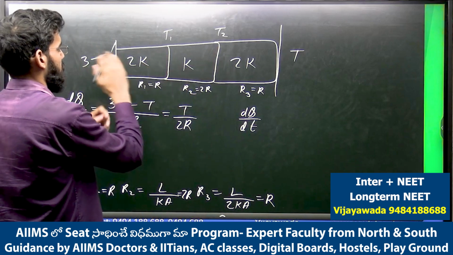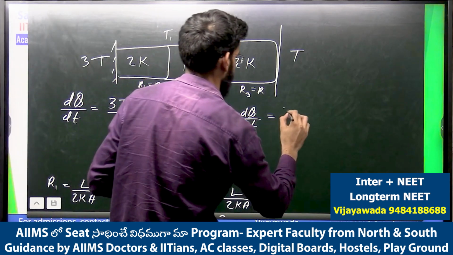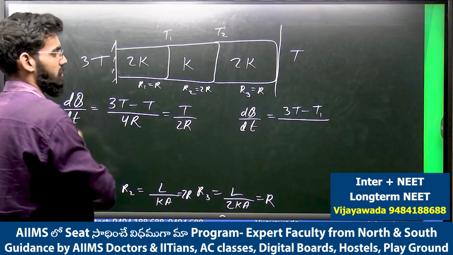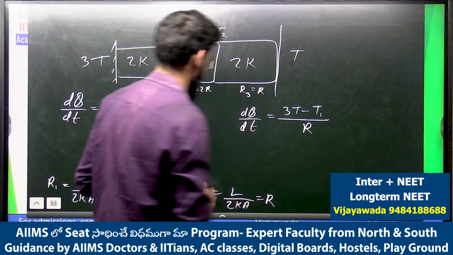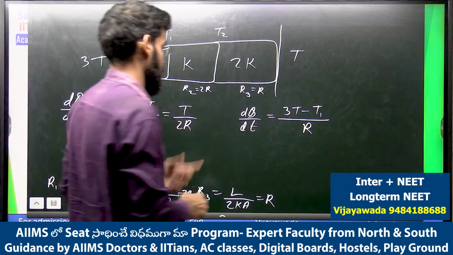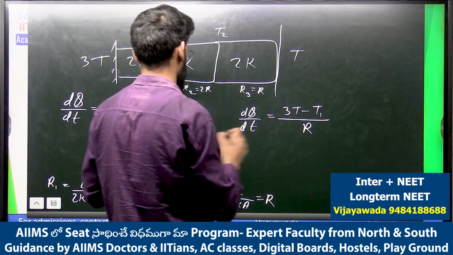If you write down, what you will say? 3t minus t1, divided by resistance. Resistance is how much? R. Directly I am writing R here. That's why I used R, for convenience. So dq by dt is how much? t by 2R.